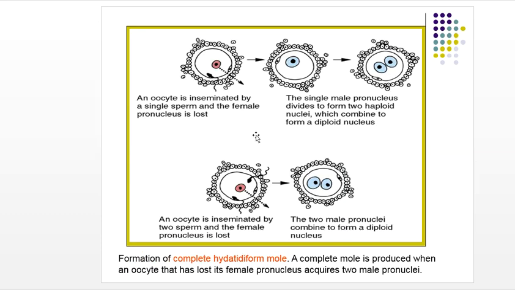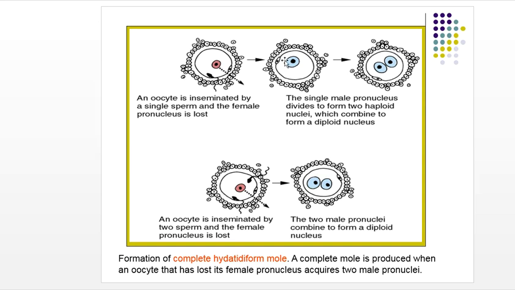Another kind of hydatidiform mole is the complete hydatidiform mole. This kind of mole is produced by two mechanisms. One of them is when an oocyte is inseminated by a single sperm, like a normal situation, but the female pronucleus is lost.